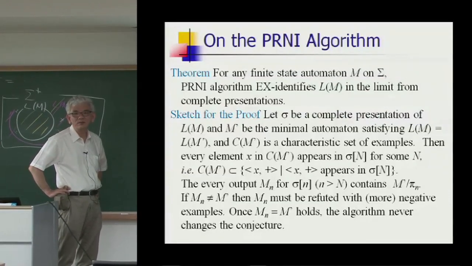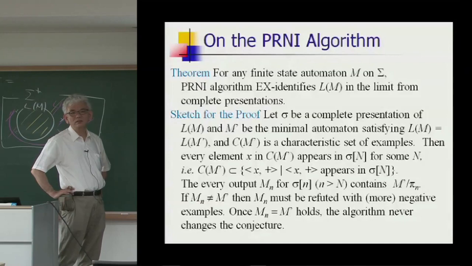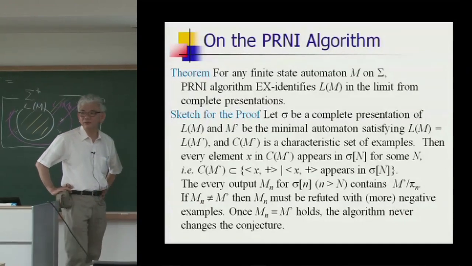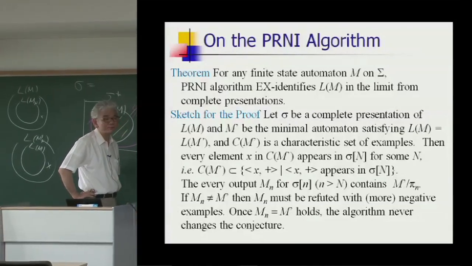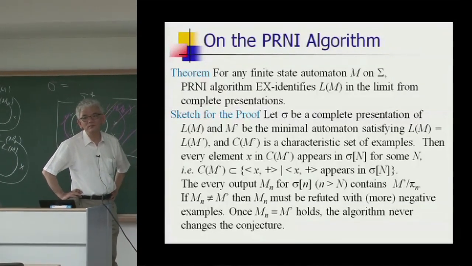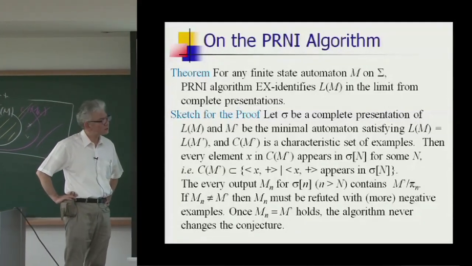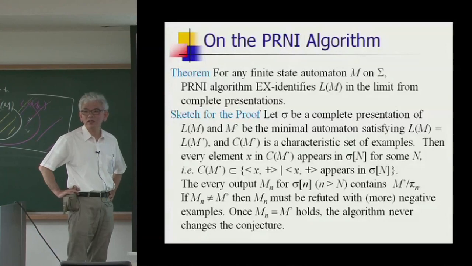So these two theorems I showed here support the two algorithms as learning algorithms in the sense of EX identification. Of course, we have other methods of evaluating an algorithm as a learning algorithm, and EX identification is a very classic one.